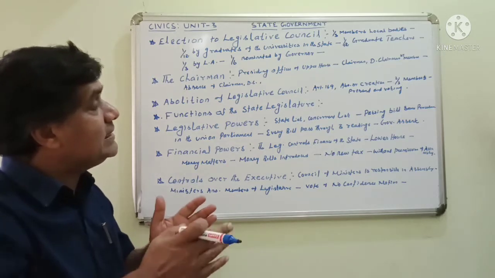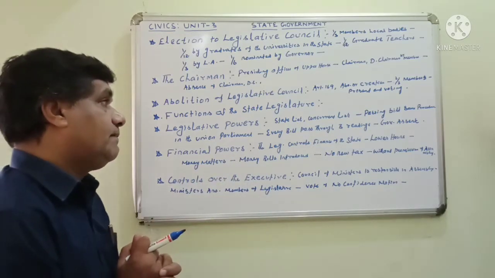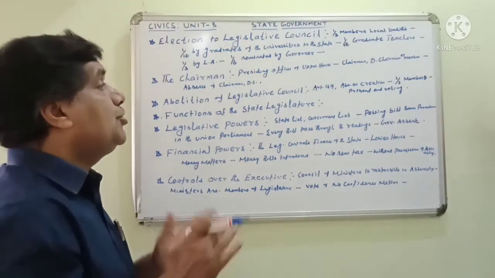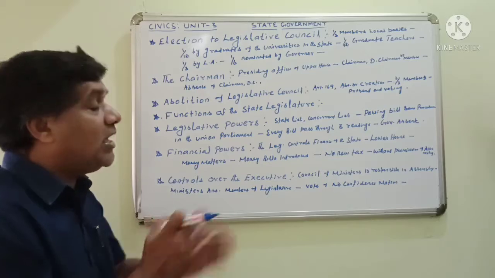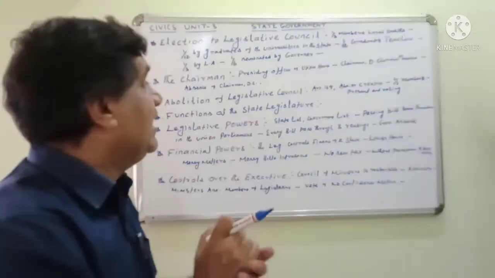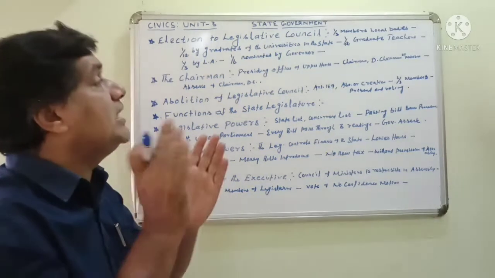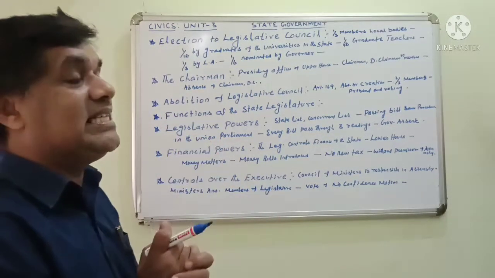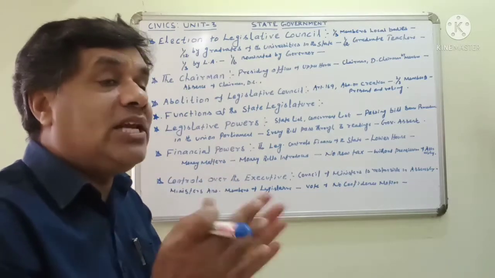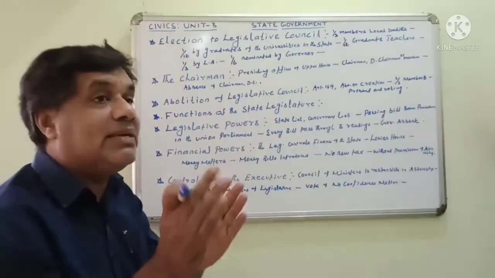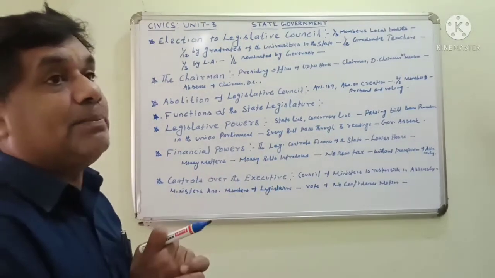The members have the power to abolish or create the Legislative Council. 2/3 of the members present and voting is very, very important for abolishing or creating the Legislative Council.